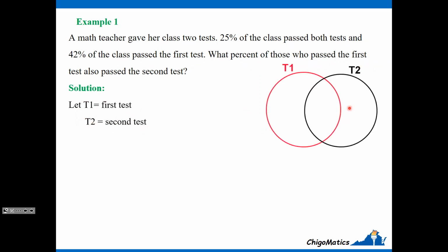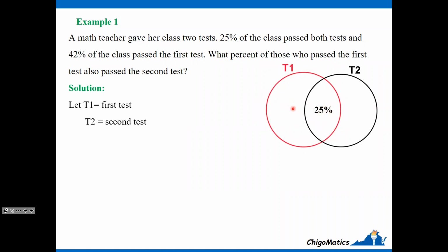Then we put that in a mini Venn diagram. Then we try to position the given information. 25% of the class passed both tests, so that means they are on the intersection. Then 42% of the class passed the first test. So the red represents the first test, but we already have 25%.